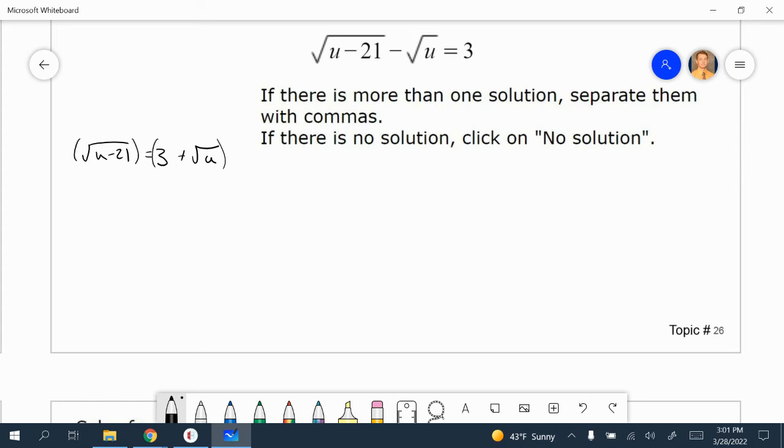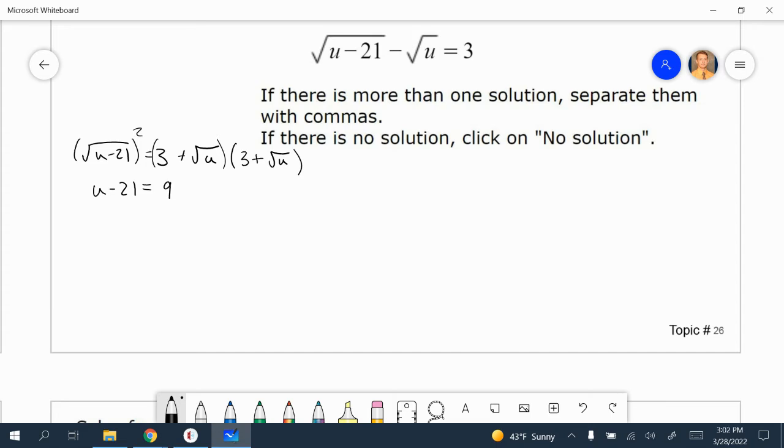So if I square both sides, this left-hand side is pretty easy. It's just u minus 21 because the square root is gone. But over on the right-hand side, I'm actually going to have to FOIL that now because we have two terms that we're squaring. And so if you think of FOILing, that's like if I were to multiply this again by 3 plus the square root of u. So my first terms would be a 9.